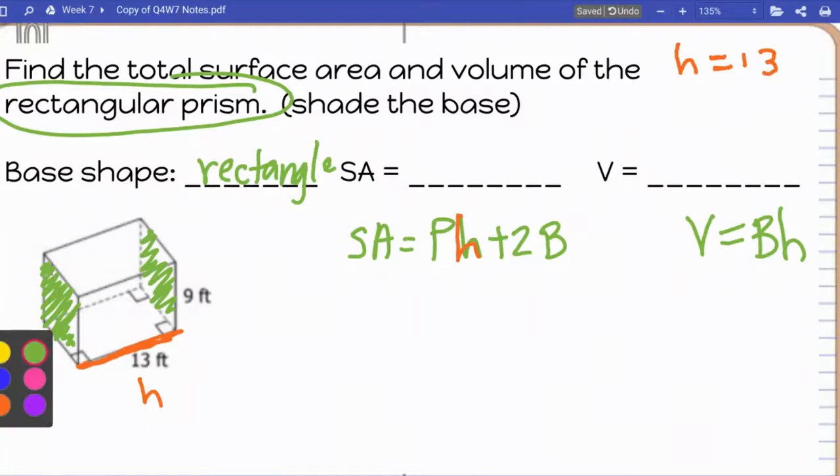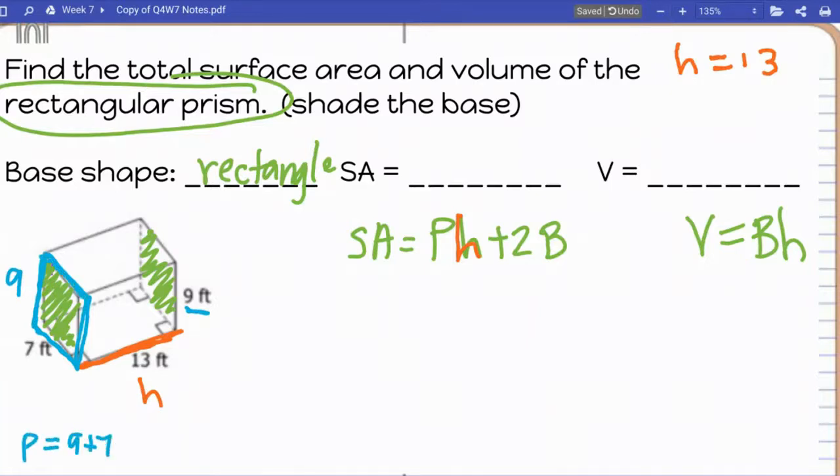Things I need to know about the base, I need to know the perimeter of the base. So perimeter of the base, I have my base shape right here. Well, it just so happens that this is 9 because 9's over here. So 9 plus 7 plus 9 plus 7, and you get perimeter is 32.